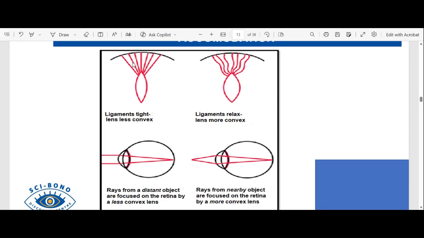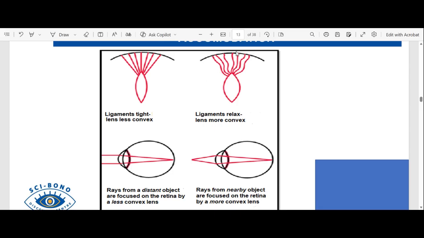So look at the suspensory ligaments for an object that is more than 6 meters away. They will become tight, and when they become tight, they force your lens, or they alter the shape of the lens, to become less convex. And when your lens becomes less convex, it decreases its refractive power, right?